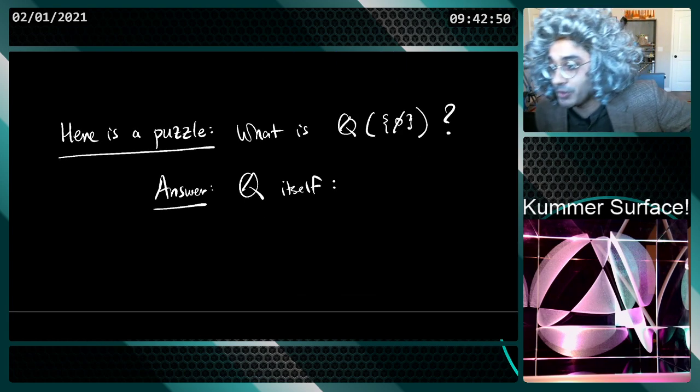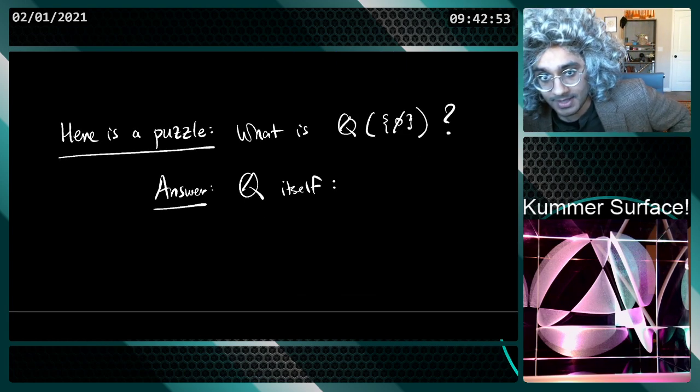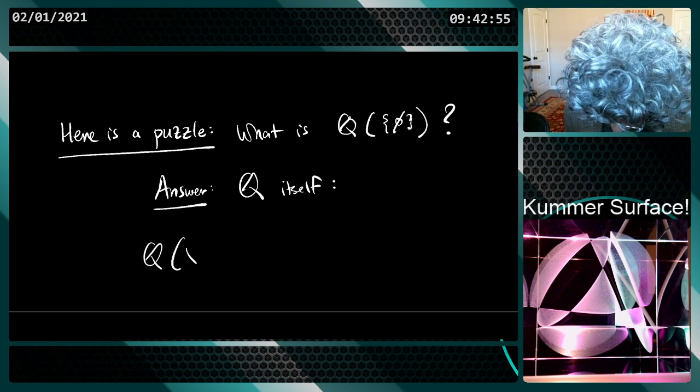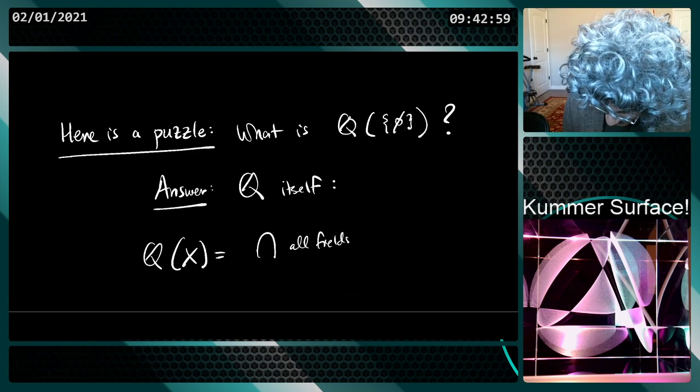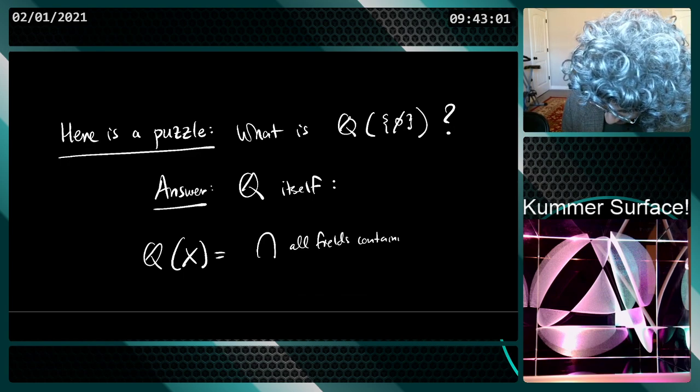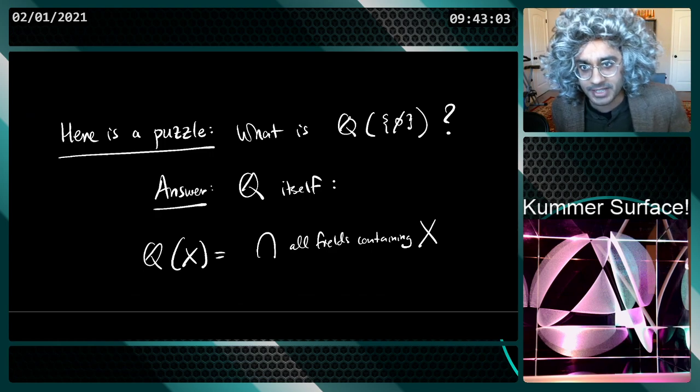Okay? Because if you unravel the definition, Q adjoin X is the intersection of all fields containing X as a subset.